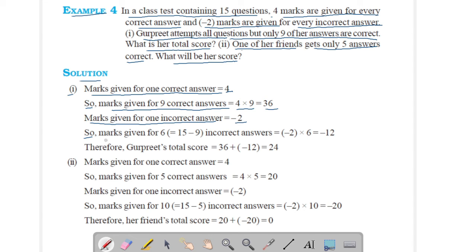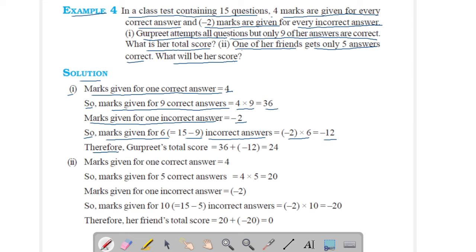So marks given for 6, how will you get 6? 15 minus 9, because total questions are 15 and 9 questions were correct. How many questions were incorrect? 15 minus 9, that is 6. We have to find out marks given for 6 incorrect answers. It will be minus 2 into 6, that is minus 12.